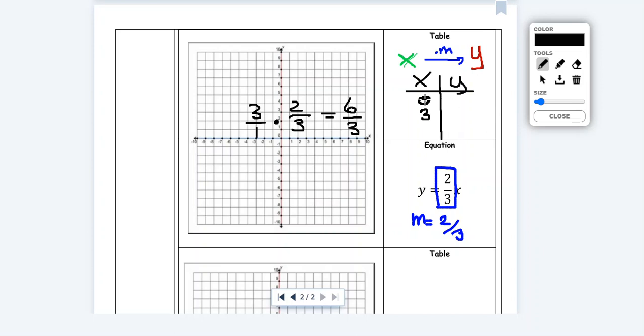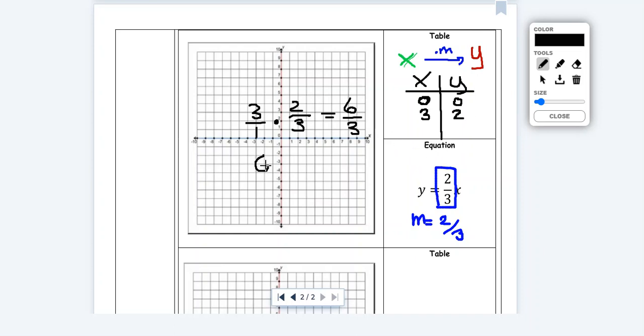Okay, so when x is 0, I multiply by 2/3, I get 0 back. When x is 3, I multiply by 2/3, and I end up with 2. Okay, what's the next number that's divisible by 3? If you said 6, you're right.